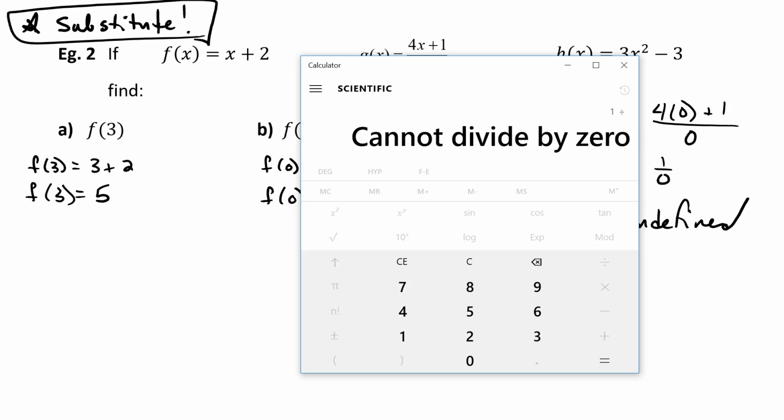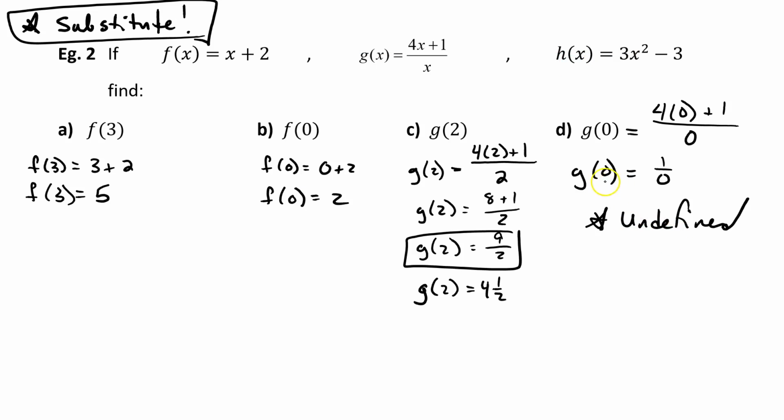Probably it says error or something like that. But it is undefined. So we say the function g when x is 0 is undefined. So g is undefined when x equals 0. Boom.